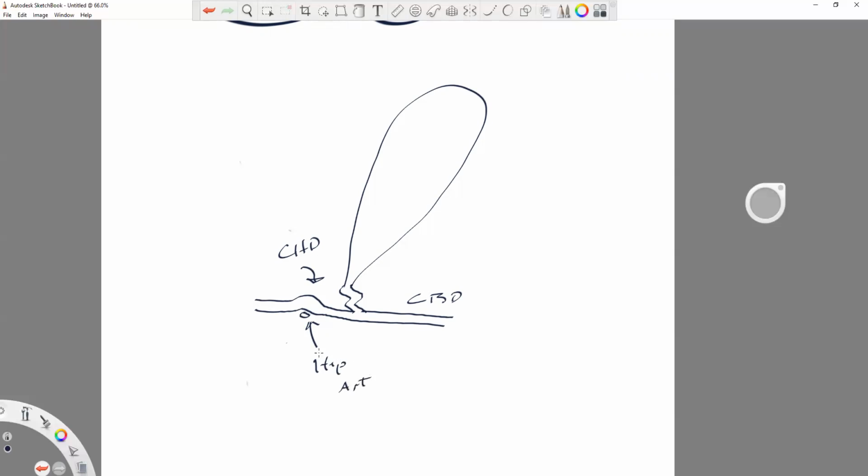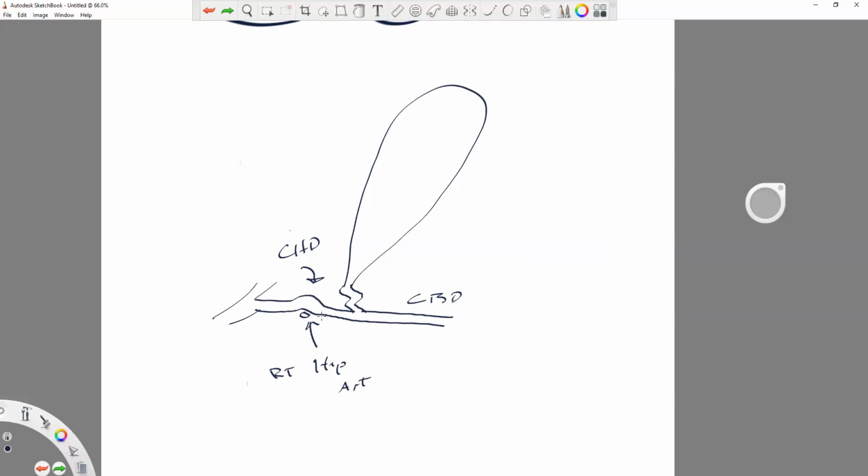Hepatic artery. Actually the right branch of the hepatic artery. The right branch of the hepatic artery is the little circle. Nine times out of 10, it is underneath. Every once in a while, you'll find it on top, and that is fine. Common bile duct, common hepatic duct.